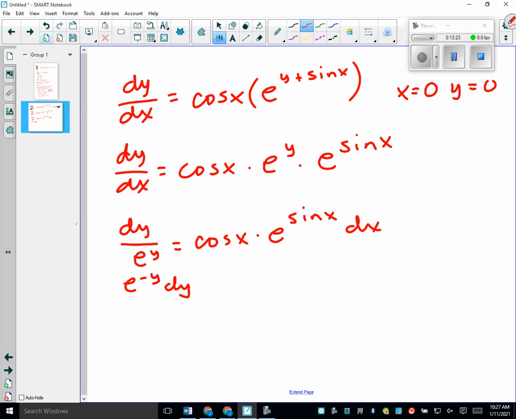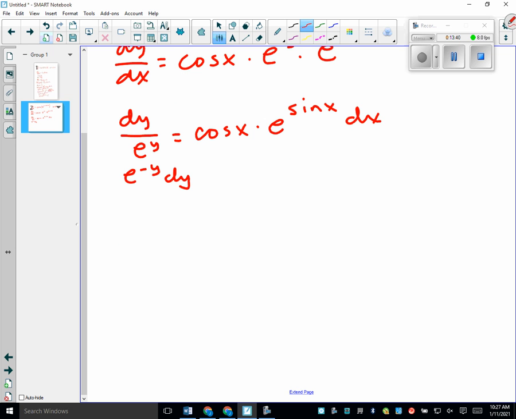Would I feel better doing a u? Probably. Y'all are kind of frowning at me with this one. I'm only working the left side. No, let's do it. u equal to negative y. So du is what?